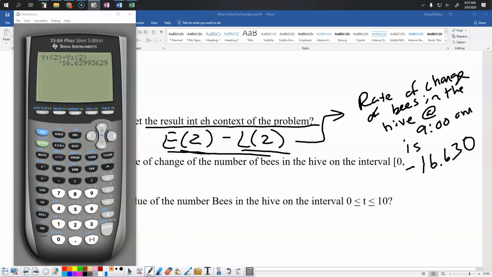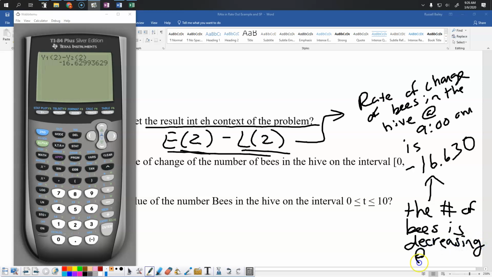You get full credit for this, but a lot of times they'll want you to contextualize it a little bit more. So what we can say is, go ahead and draw an arrow to this and put the number of bees is decreasing at t equals 2.